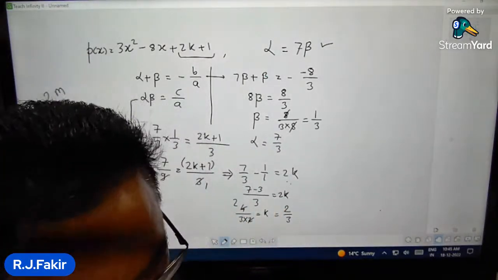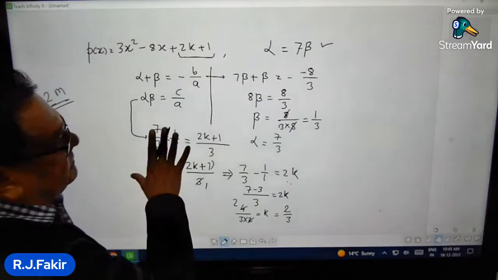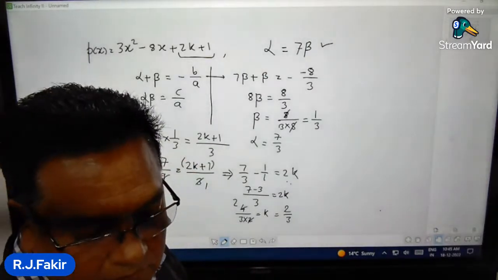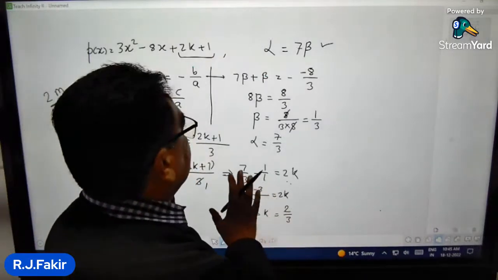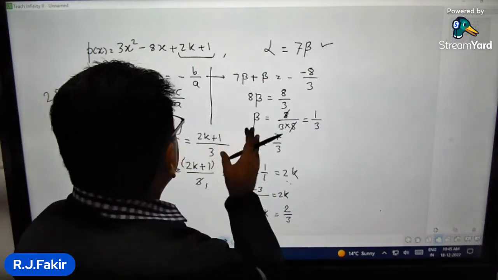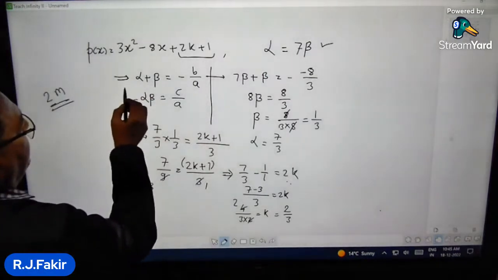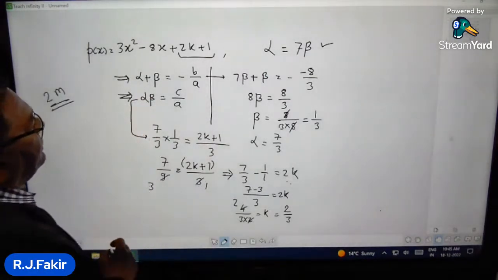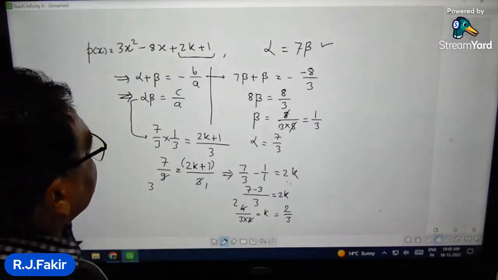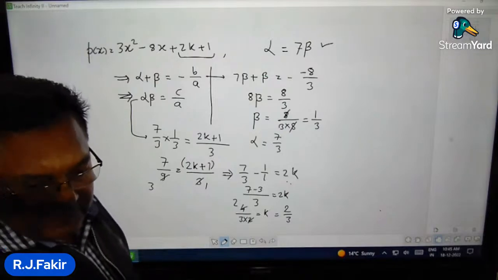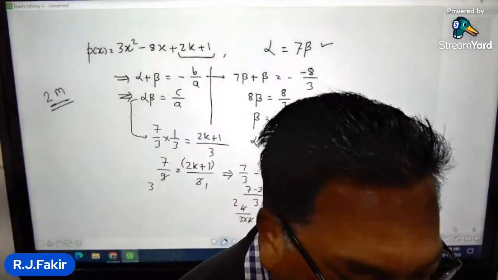So you should not miss any step in your solution, and you can also provide reasons or rules where you are using them, like this one. We know that these are the relations between the zeros and the coefficients, that you can also mention. So this type of question will be there.